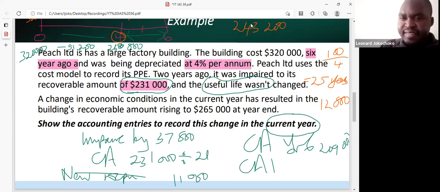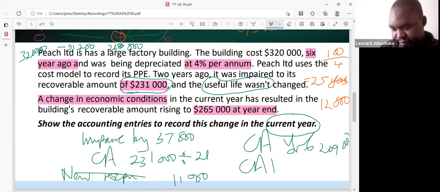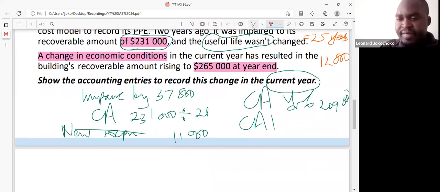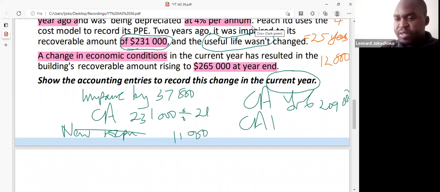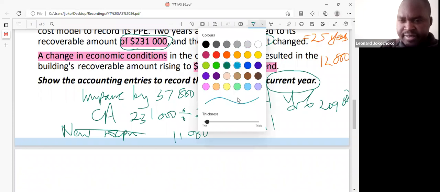Except that in year 6, there was a change in economic conditions. The change in economic conditions resulted in us increasing the carrying amount to 265,000. Therefore, we need to make an adjustment for the carrying amount for our assets. That is, our carrying amount with impairment is 209,000, but the recoverable amount is now higher. In other words, we no longer have any impairment.